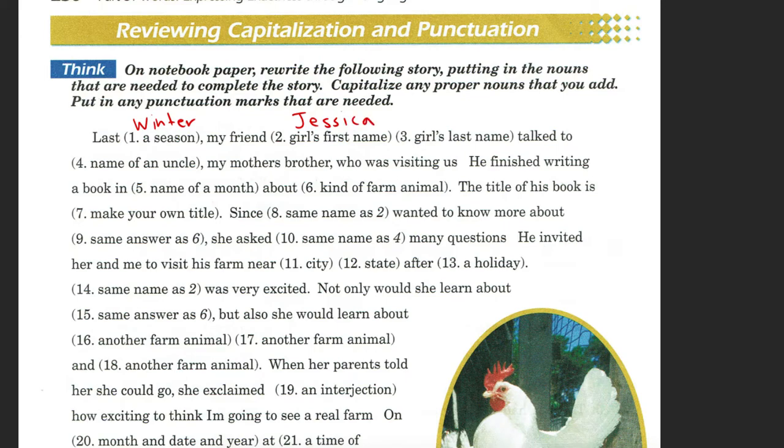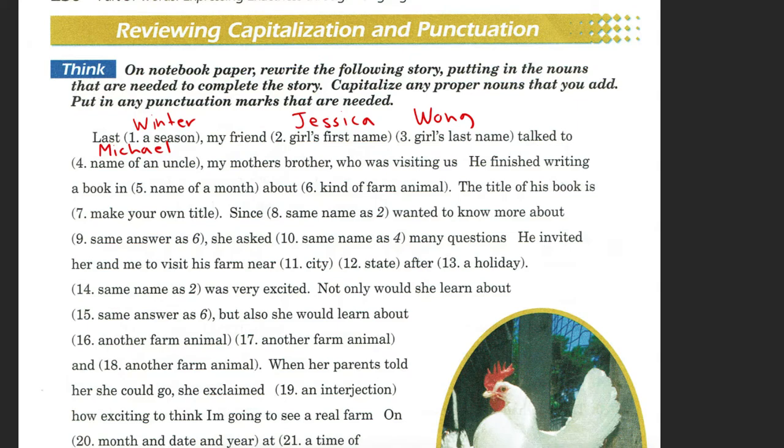Let's pick a last name. I'll pick a Chinese name, Wong. Right, my friend Jessica Wong talked to name of an uncle. So uncle definitely needs to be a boy's name. So I'll just choose Michael. Last winter, my friend Jessica Wong talked to Michael, my mother's brother, who was visiting us.